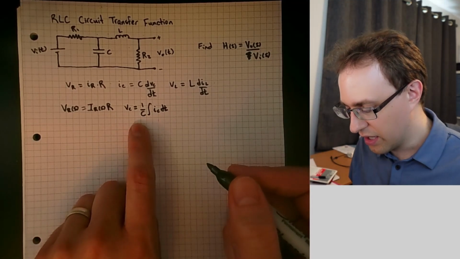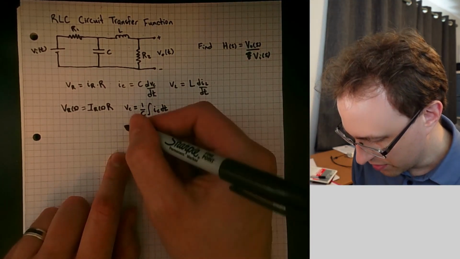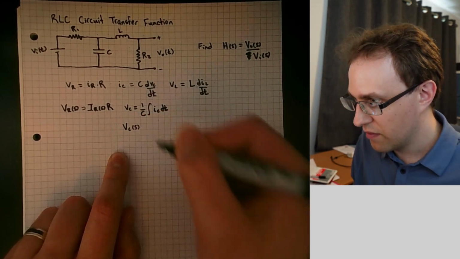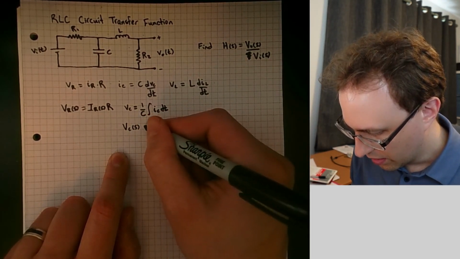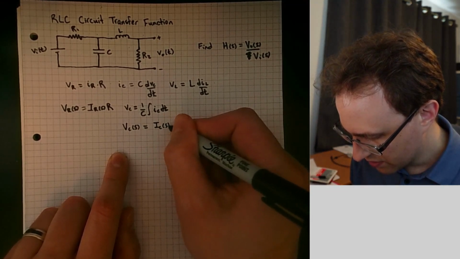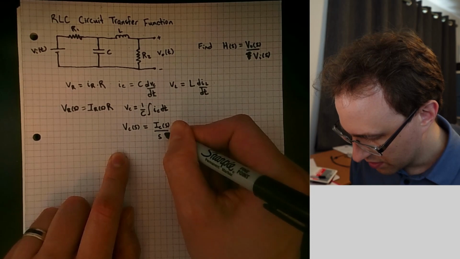And now if we take the Laplace transform of this expression, we will get here on the left-hand side V_C of s. And on the right-hand side, we will end up with I_C of s over s times C.